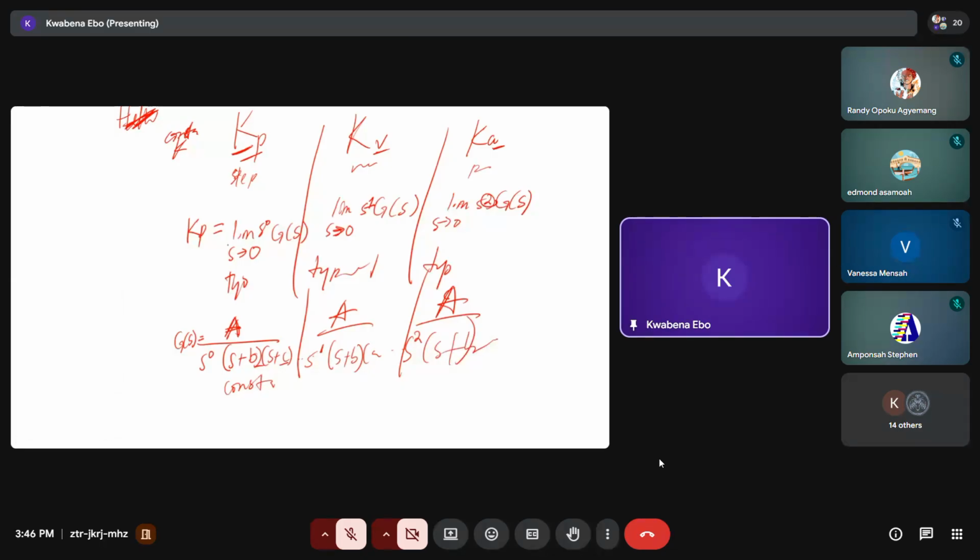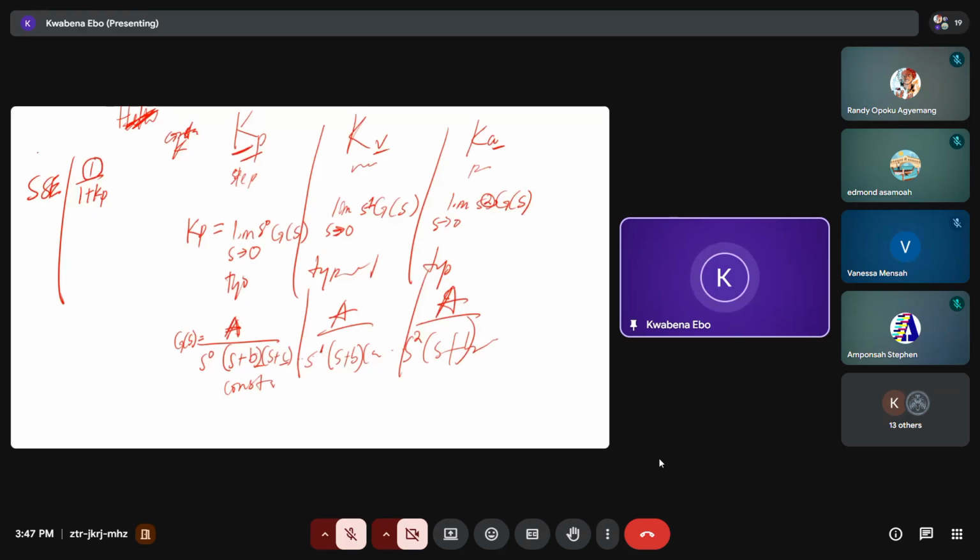So after you find Kp, Kv, and Ka, they help us to find the steady state error. The steady state error for a type 0 system is 1 over 1 plus Kp, where the 1 is the magnitude.